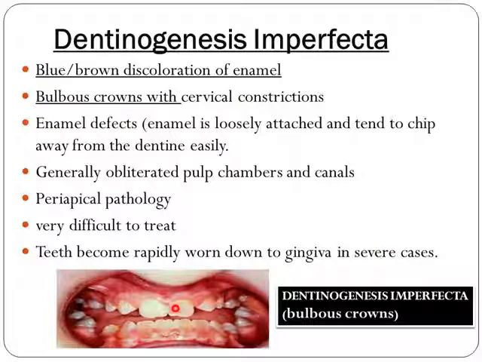So these teeth need to be covered by a crown, or may lead to extraction and then implant treatment. So this is the deformity in the dentin during dentin matrix formation or during mineralization.